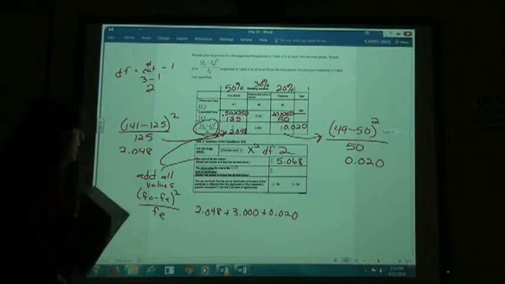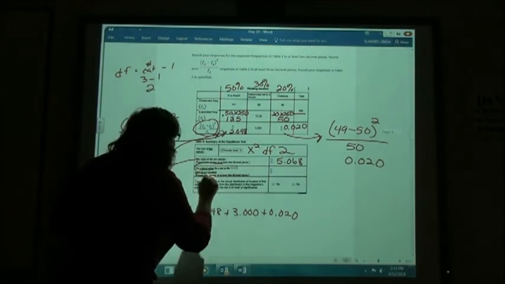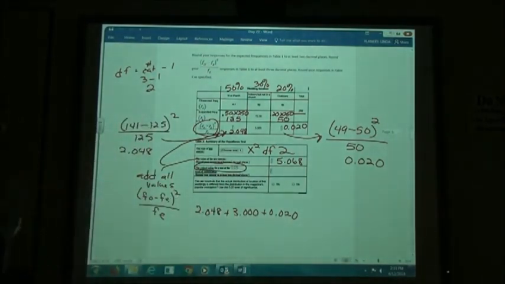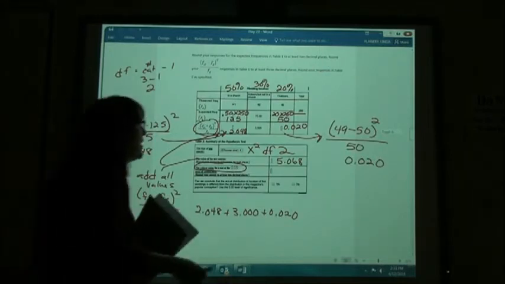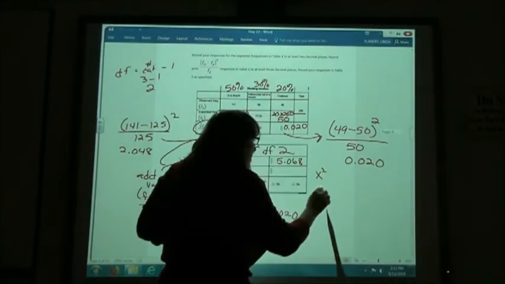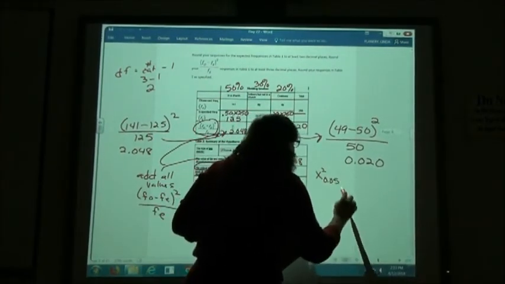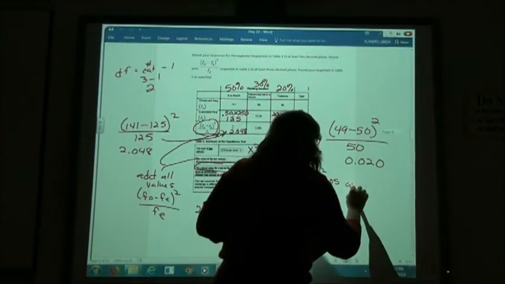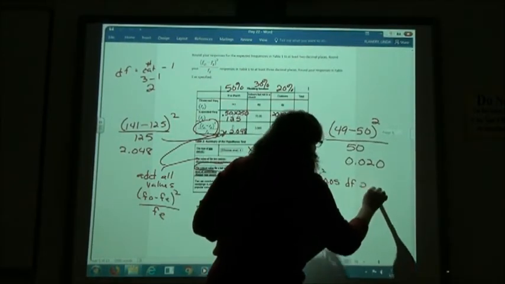So we are now on this one going to do the critical value for our test. When we do the critical value, we're not doing the p-test, we're doing the chi-squared test. So we are going to do chi-squared at the 0.05 level of significance with degree of freedom of 2.